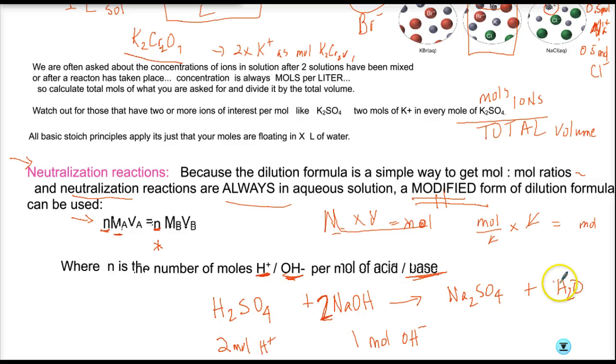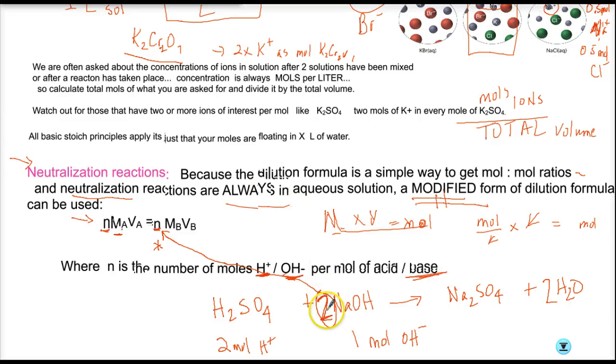So there's my 2 sodiums. Well, here's my 2 waters now. It's balanced. I have to take this coefficient and put it right here. So when I get finished finding out the moles I need, I have to multiply it by 2. So let's go get to those problems.